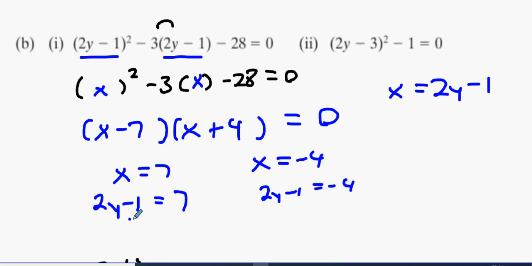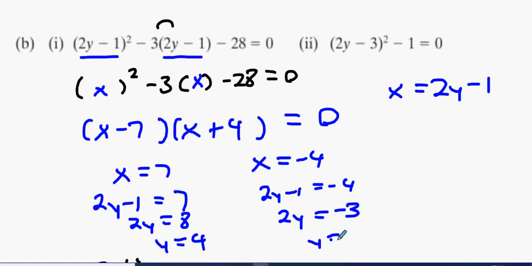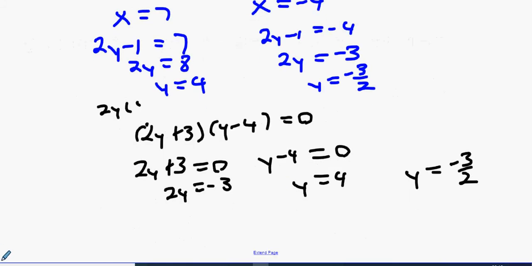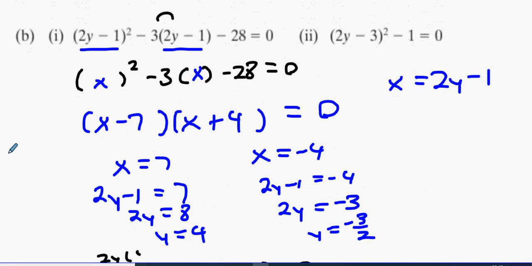Let's find out. 2y equals 8, y equals 4. And the next one, 2y equals minus 3, y equals minus 3 over 2. Same answer. Just half the time.